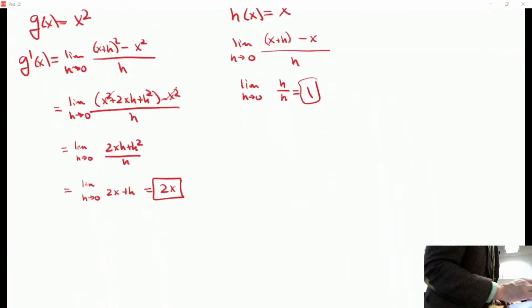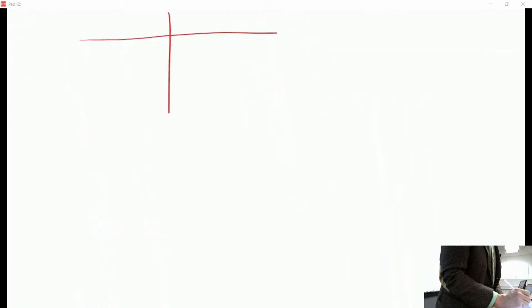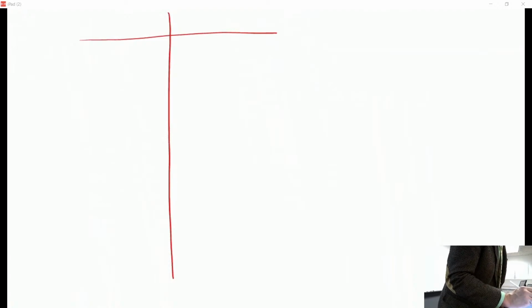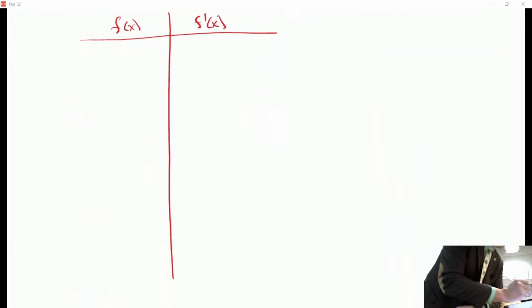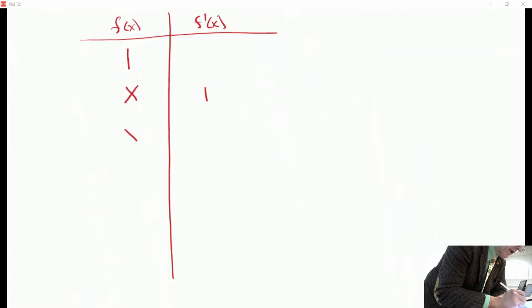Okay, so here's what I'm going to do for you: I'm going to make a little table. I have PowerPoint, but this is too exciting. So I'm going to do this, f of x and f prime of x. If f of x is equal to 1, what is f prime of x? We'll get that in a minute. We've already done x.